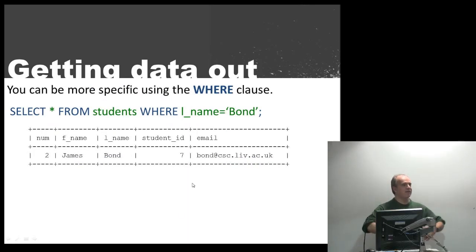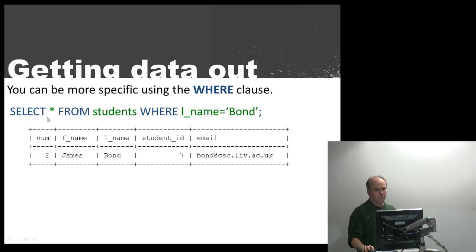But it can be more and more complex. For example, you want to extract everything in that table, but you want the surname to be Bond. Maybe there will be several Bond students, and you are going to get all the information about them. That's where the commands can start being quite complex.